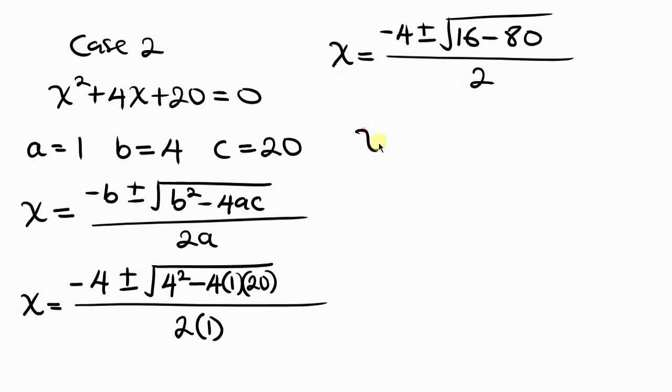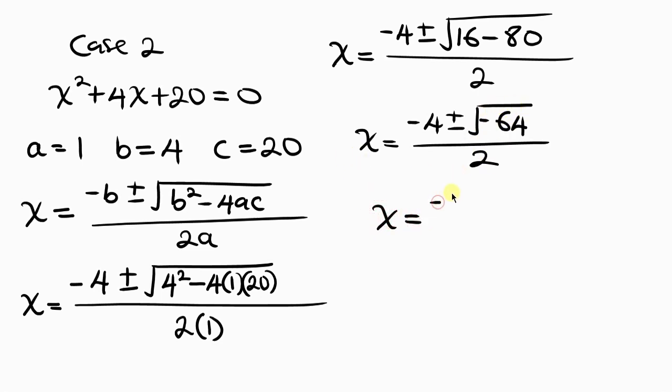And then this gives x to be negative 4 plus or minus the square root of 16 minus 80, I have negative 64, all over 2. And now simplifying the negative 64 inside of this square root, we have x to be negative 4 plus or minus the square root of negative 64, which is the same as 64 times negative 1, all over 2.